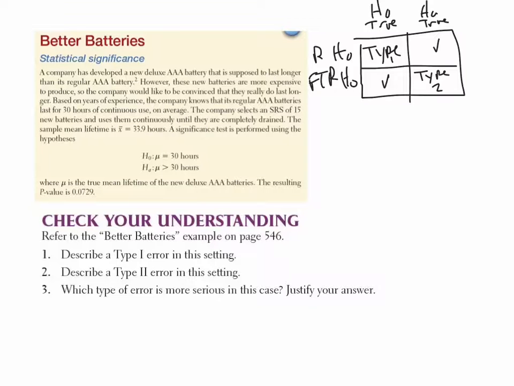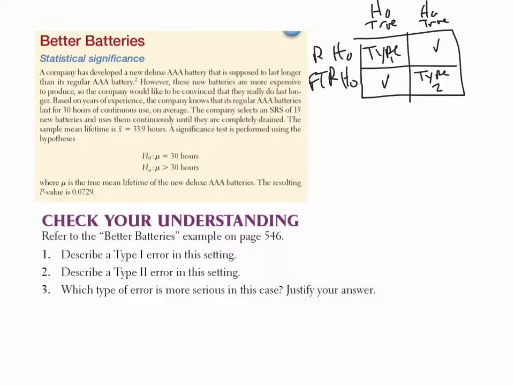So let's think about a type 1. So we rejected the null hypothesis. So we said we have enough evidence to suggest that the battery life is not 30. We know that it could be more in this case. We know that the batteries could be longer. There's enough convincing evidence.